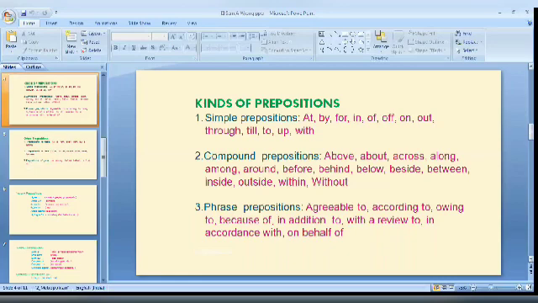So these can all be called phrase prepositions because they have two or more words in them. So in this way, prepositions are divided into three groups: simple prepositions, compound prepositions, and phrase prepositions.